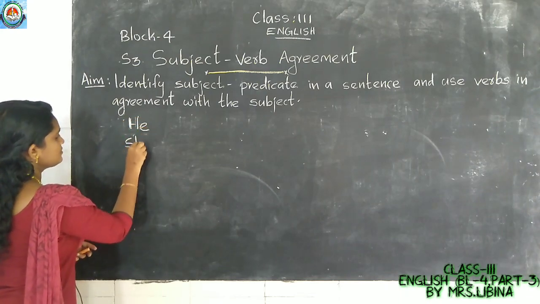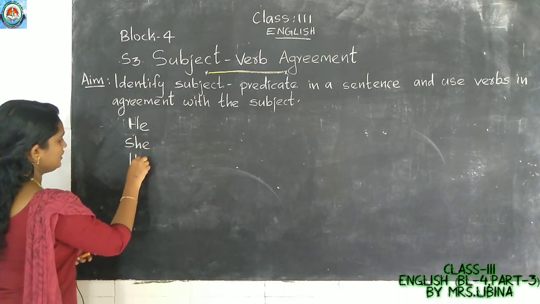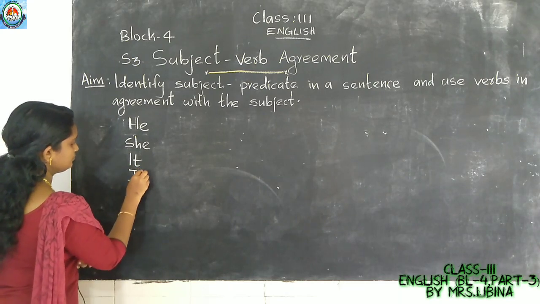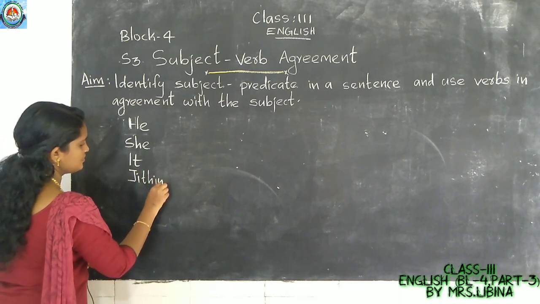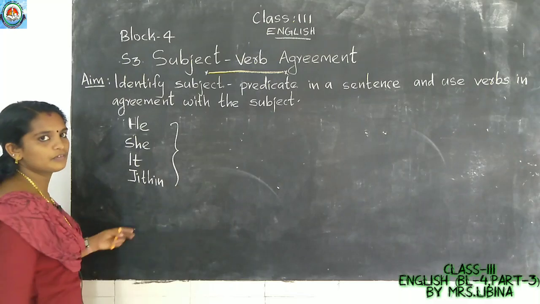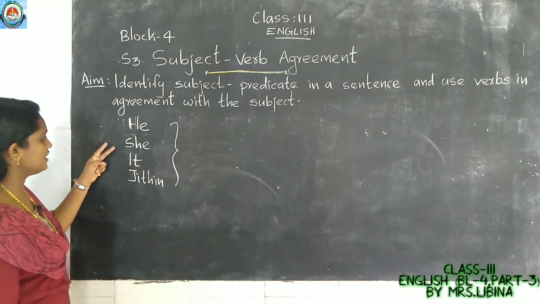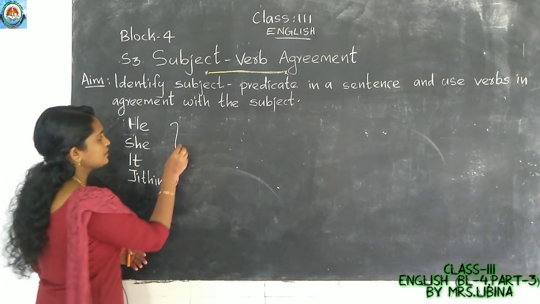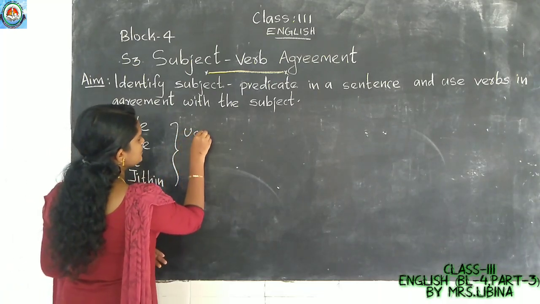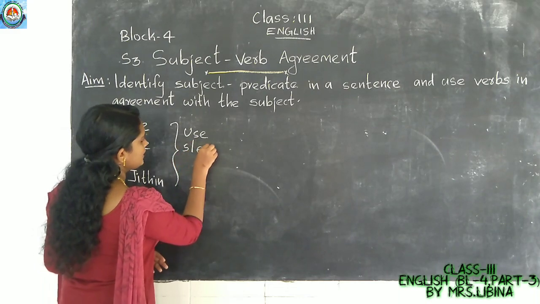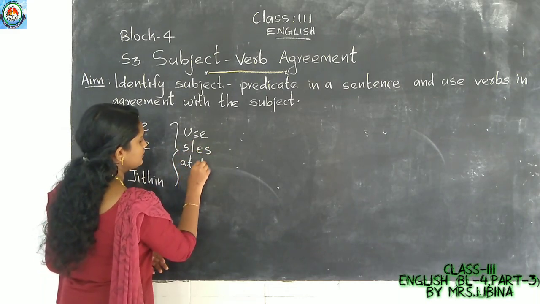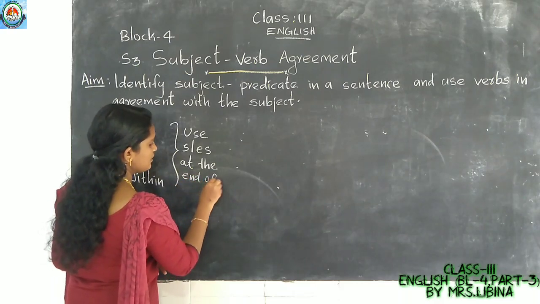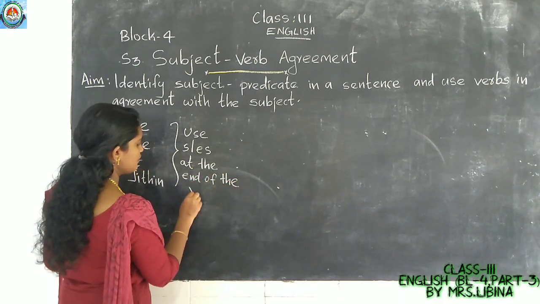He, she, it, Jidin. Example for a name. He, she, it, Jidin: we have to use S or ES at the end of the verb.